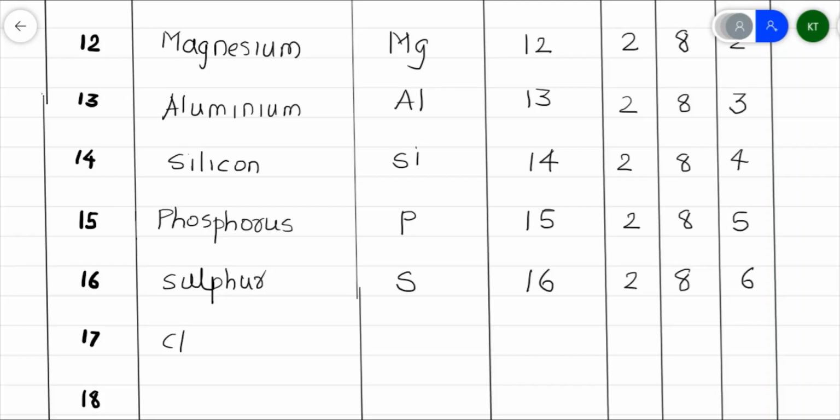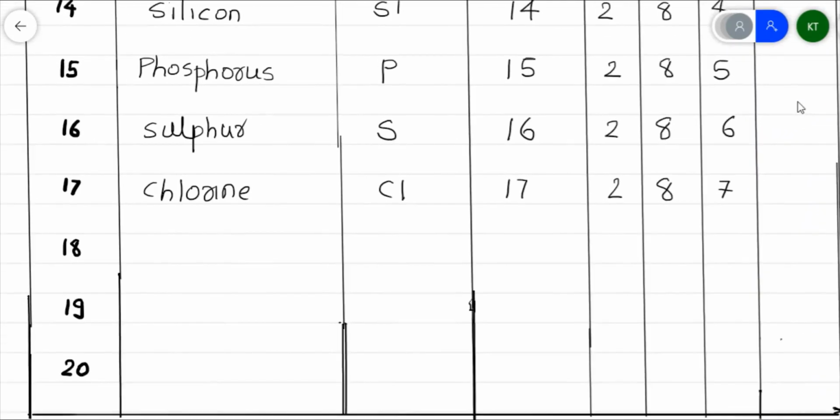Then next I have chlorine. The symbol is Cl. Atomic number is 17. So 2, 8, 2 plus 8 is 10, 17 minus 10 is 7. It has 7 electrons. It is the second element of the halogen series we have.